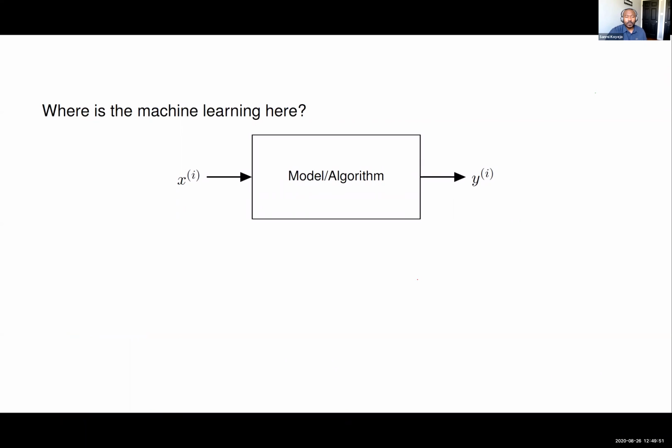Okay, so where is the learning happening here? So again, inputs, outputs, there's sort of a black box right now, a model or algorithm in between. The way that we specify what the model is, is generally through some parameters. So typically this is some vector, some set of values that specifies what the algorithm or the model can do or is doing.